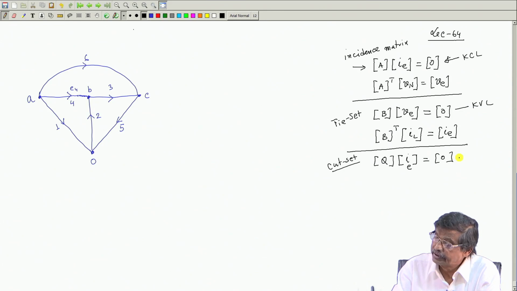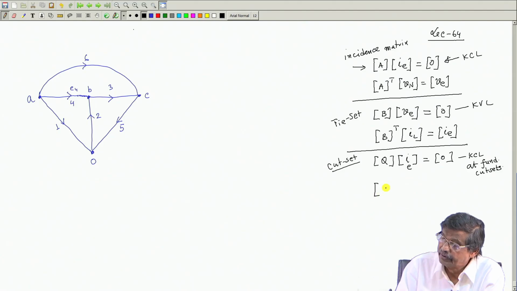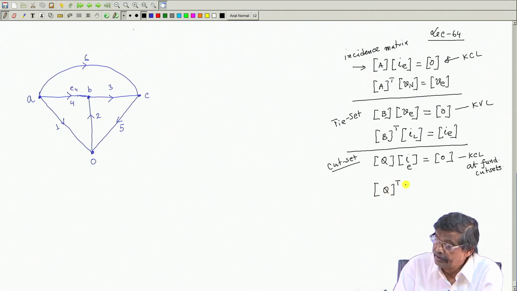This is also KCL, but not KCL at nodes; it is KCL at fundamental cut sets. This we have all discussed, and then finally we got Q transpose into the twig voltages is equal to your element voltages.